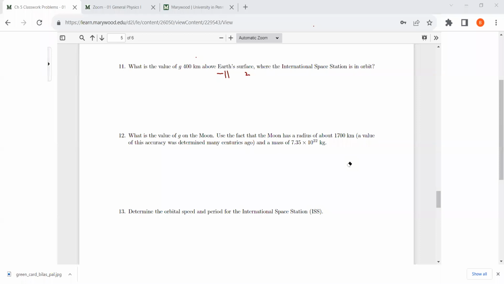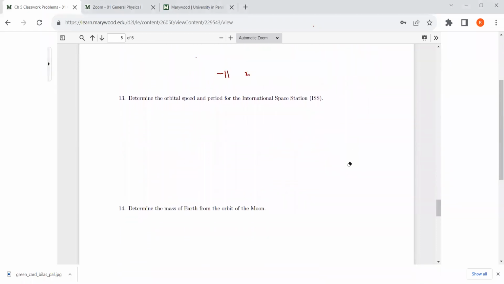If you remember that equation, it was something like this: v orbit equals the square root of the universal gravitational constant, the mass of the Earth, and then the distance. Here this is just the distance. So this is the equation for the orbital speed.